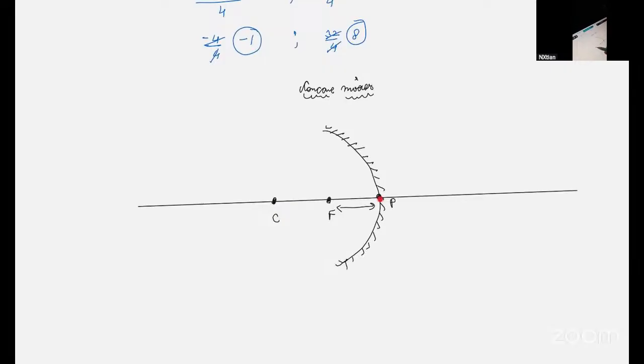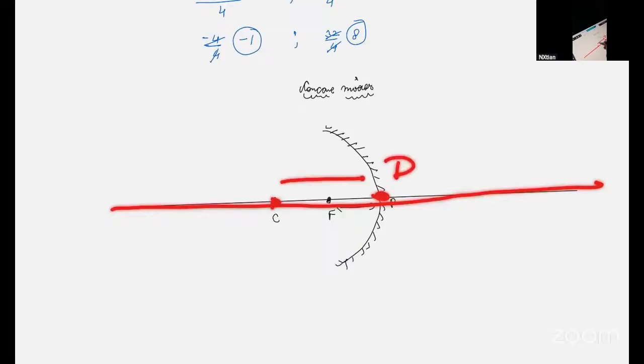And remember this thing, the point, center of curvature, and the point, pole, it should be 6 centimeters. So, from the center of curvature, draw a straight line like this. The point on the spherical mirror is called a pole, and the distance between the center of curvature and the pole will be 6 centimeters.